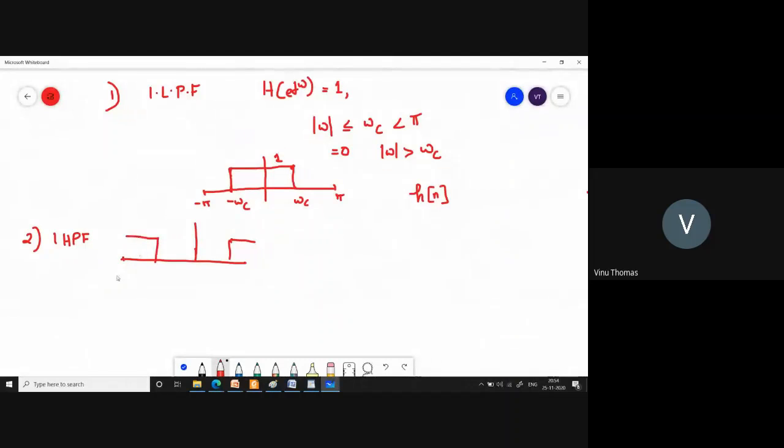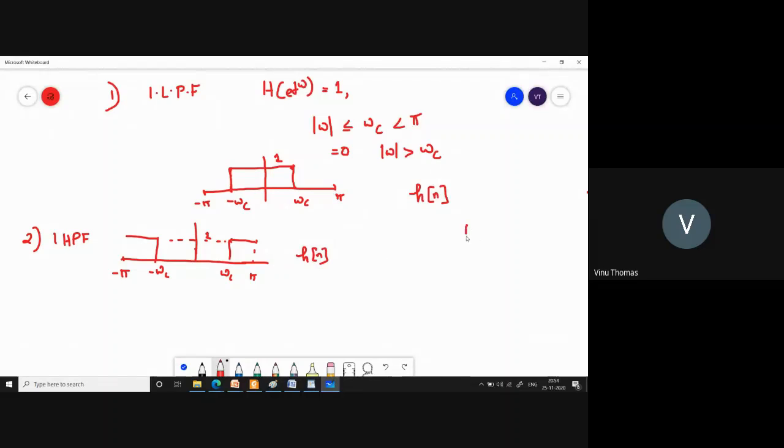So start from minus pi, goes up to plus pi. This value is minus omega c, this value is plus omega c, and this is equal to 1. Find h of n for this filter. That's the ideal high pass filter.